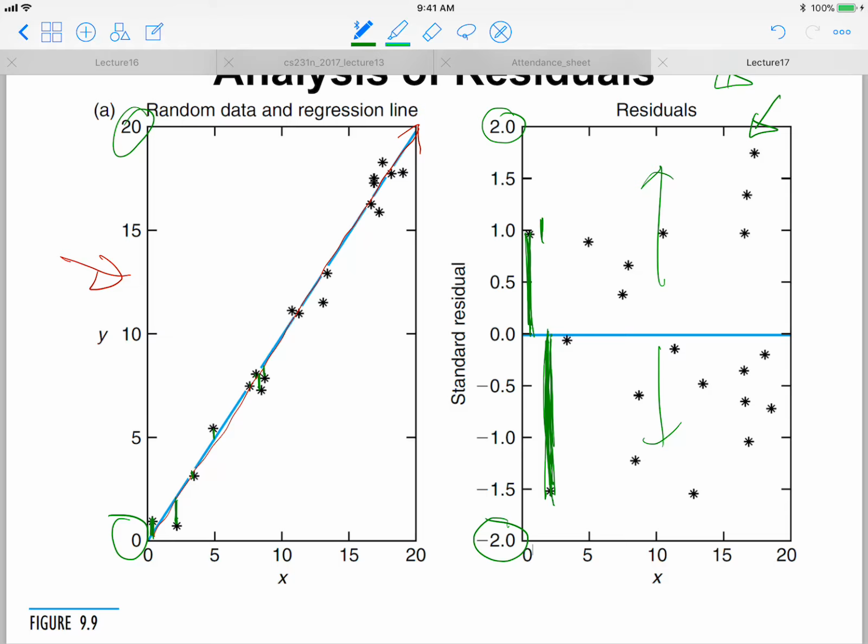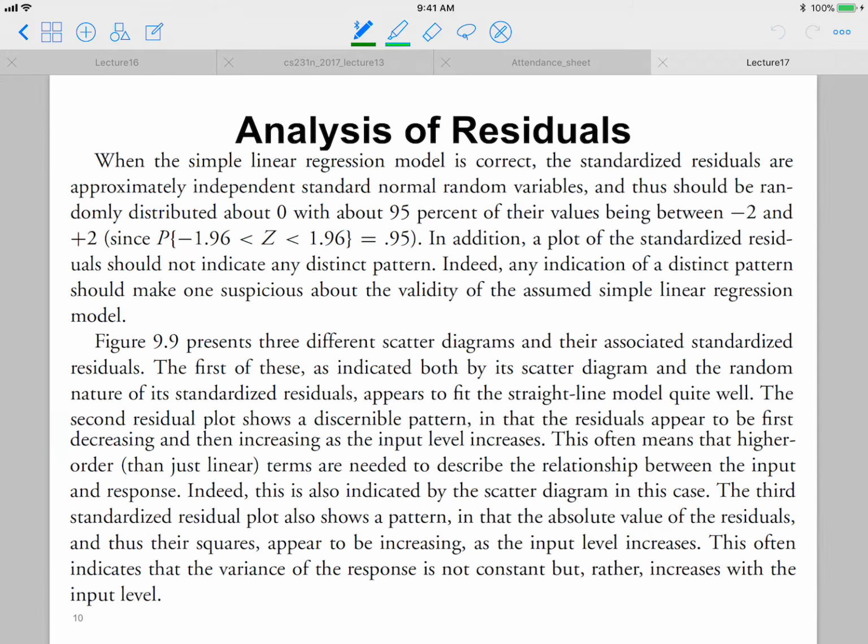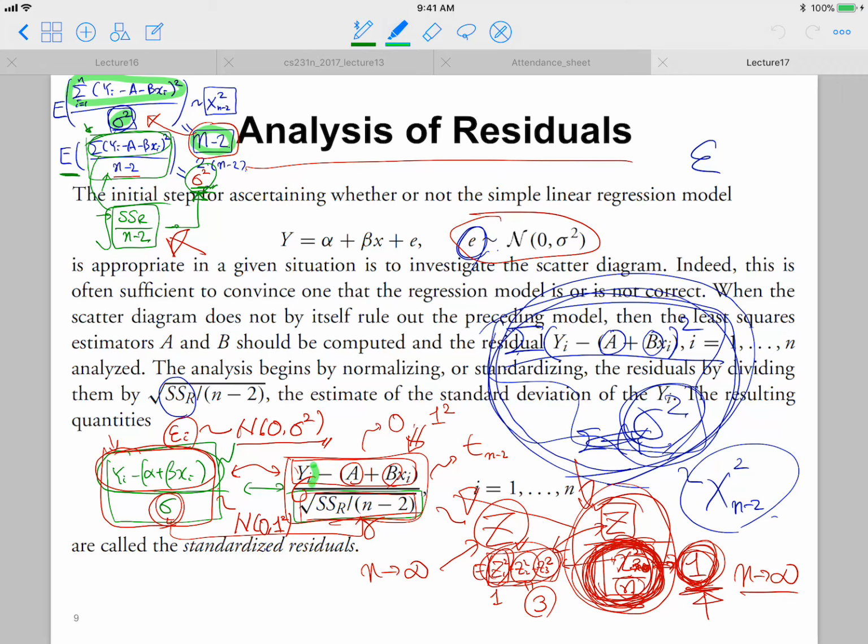So this one was 1, and this one was negative 1.5, and this one was really close to 0, so 0.03, for example. And this guy is maybe 0.9. Okay, so these values are actually this guy, which should follow a z.